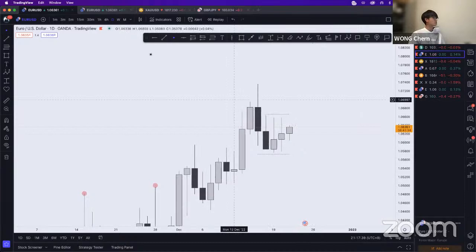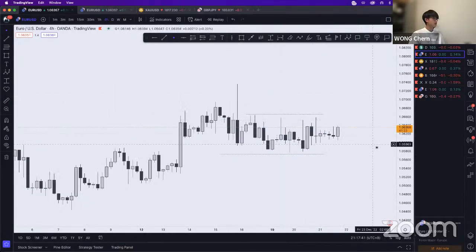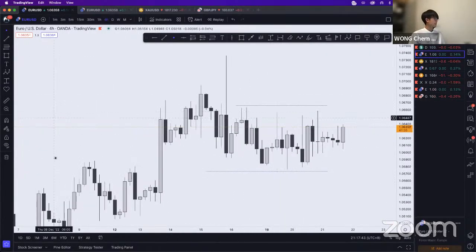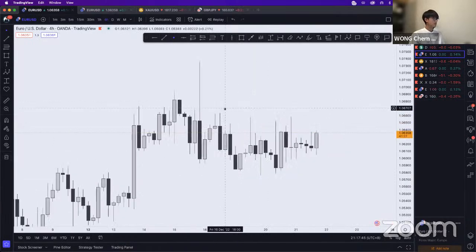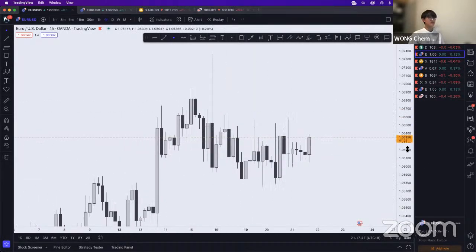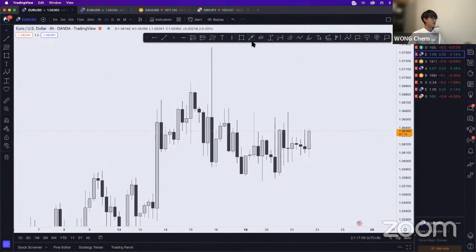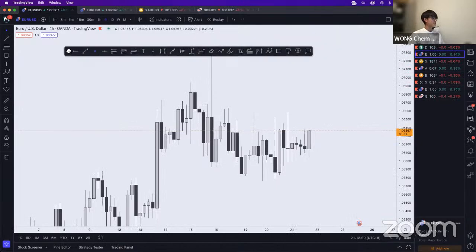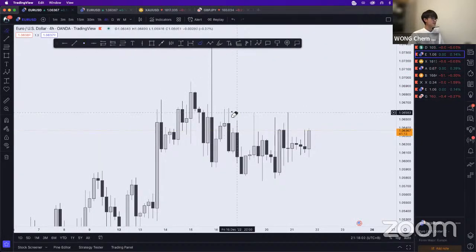If you go down to the 4 hour time frame, we can very clearly see that price is in some kind of range. Let's start marking out the highs and lows. We have a high here, followed by a lower high, a lower low.